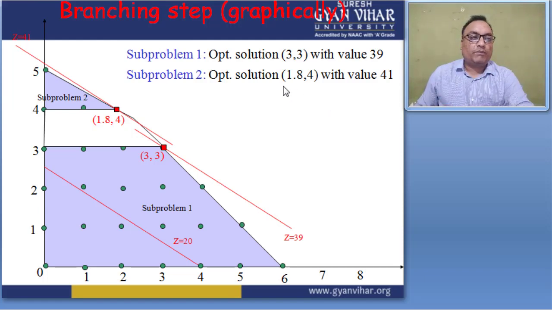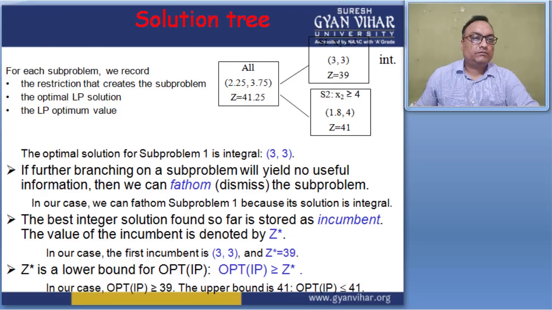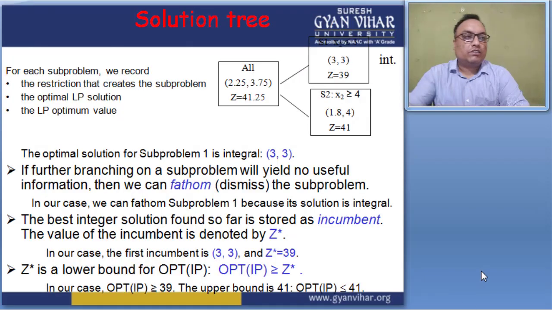So these are the two values, and for these two values we can make a solution tree. For each subproblem we record the restriction that creates this subproblem, the optimal linear programming solution, and the linear programming optimal value.